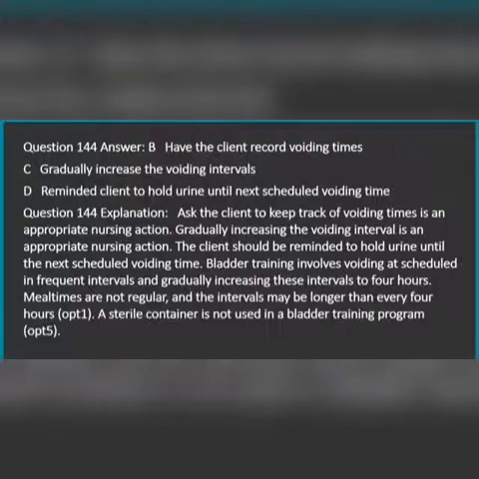The client should be reminded to hold urine until the next scheduled voiding time. Bladder training involves voiding at scheduled infrequent intervals and gradually increasing these intervals to 4 hours. Meal times are not regular, and the intervals may be longer than every 4 hours, opt 1. A sterile container is not used in a bladder training program, opt 5.